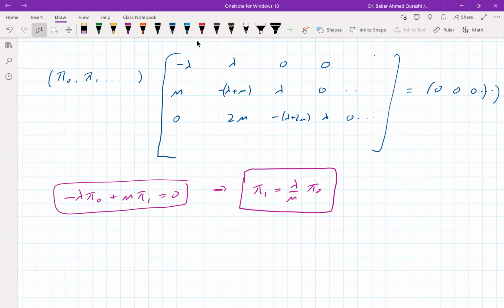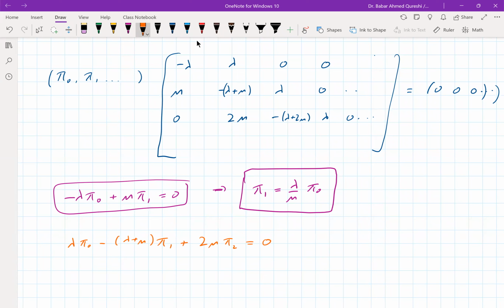And if I look at the next equation, that gives me lambda phi 0 minus lambda plus mu phi 1 plus 2 mu phi 2 is 0.